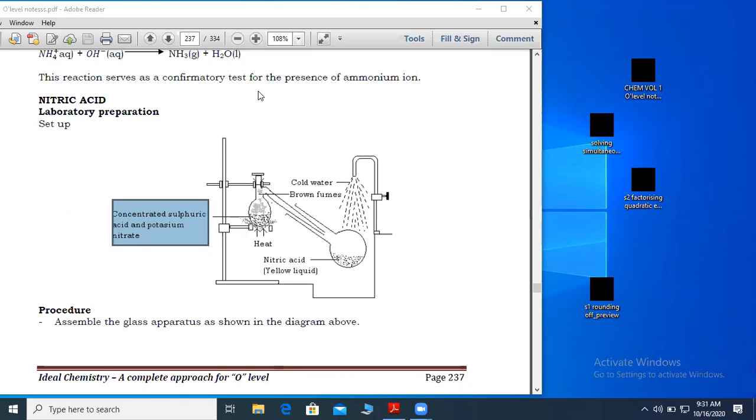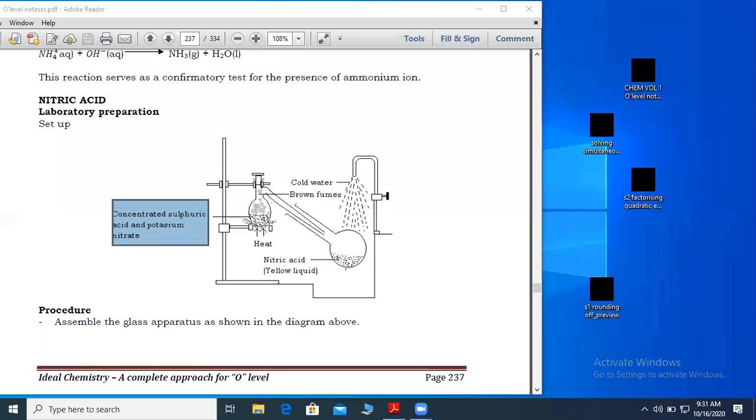gas. Now, nitric acid, when it is formed, since you are heating, it is formed as a gas. So that gas is passed over, that gas is cooled, or is condensed, by this tap of cold water, and the gas will condense to form nitric acid in the flask, and this is our nitric acid.